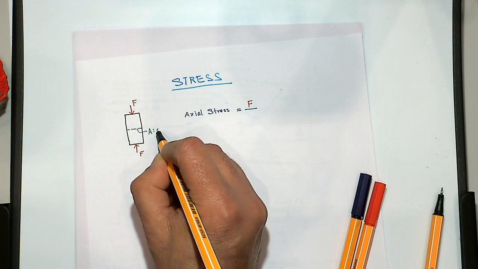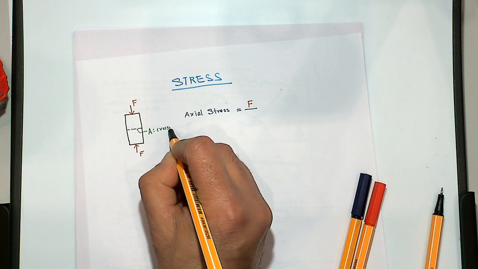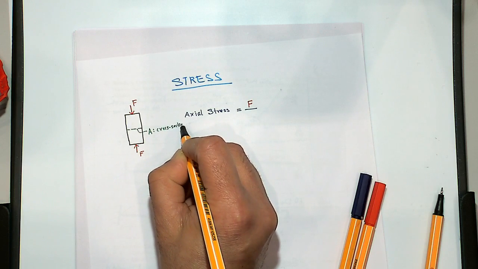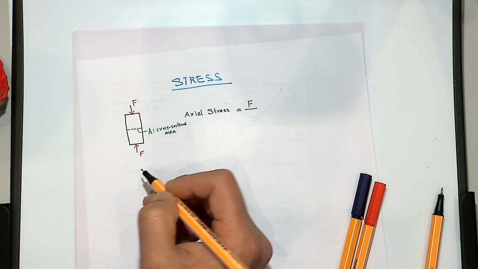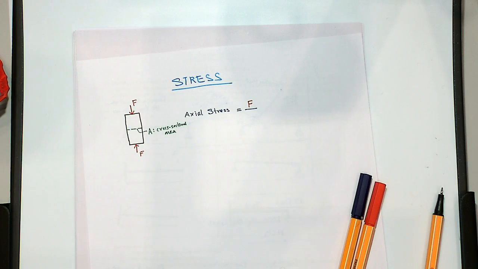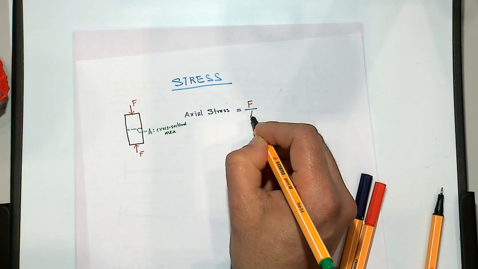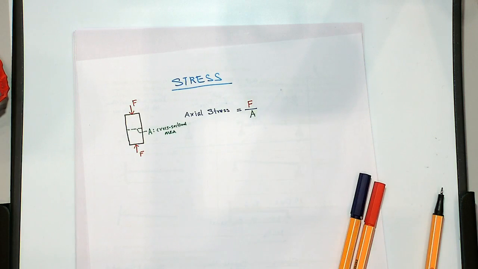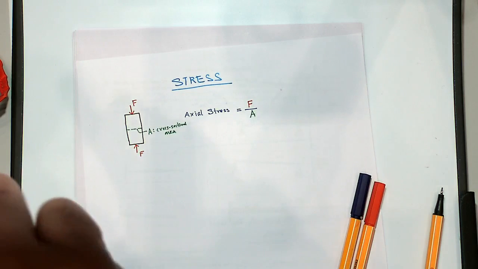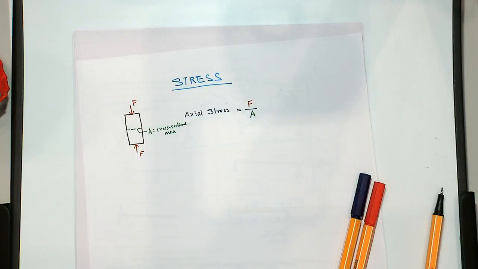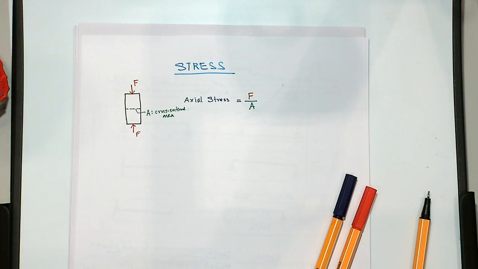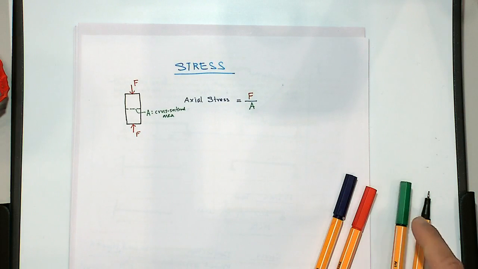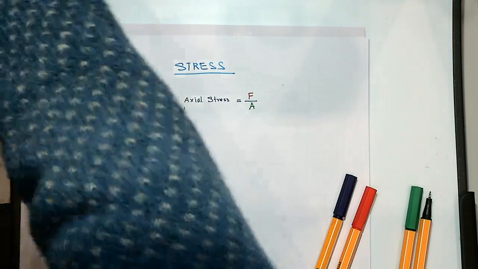So A is the cross-sectional area. If it is a rectangular section, you find the cross-sectional area, and then that is F over A. So if the force acts along the length of the member, that will generate axial stress. And how do you find axial stress? Axial stress is F over A.